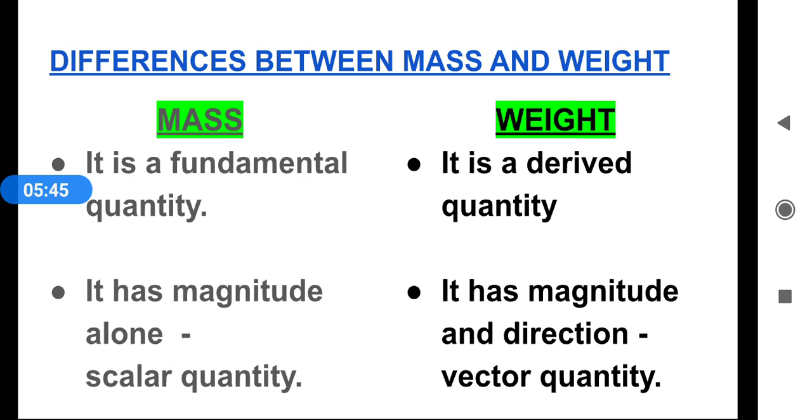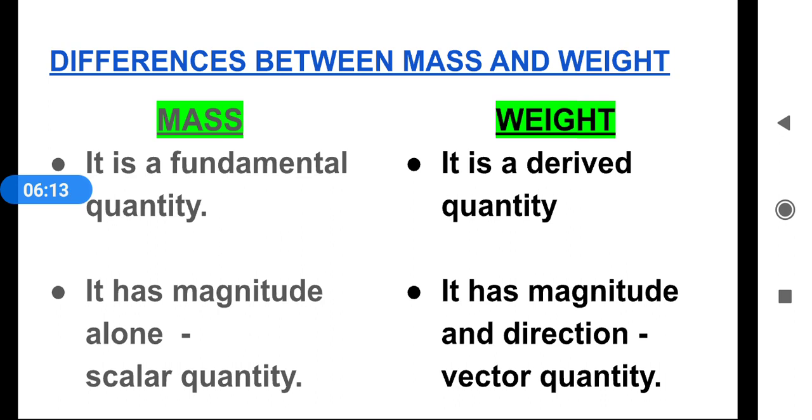Already we have learned fundamental quantities and derived quantities. Fundamental quantities are mass, time, length. Derived quantities are velocity, momentum, force.